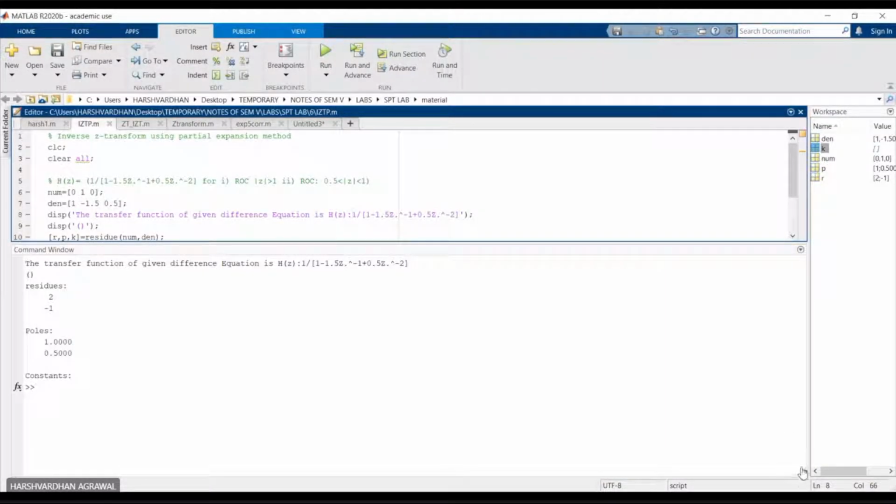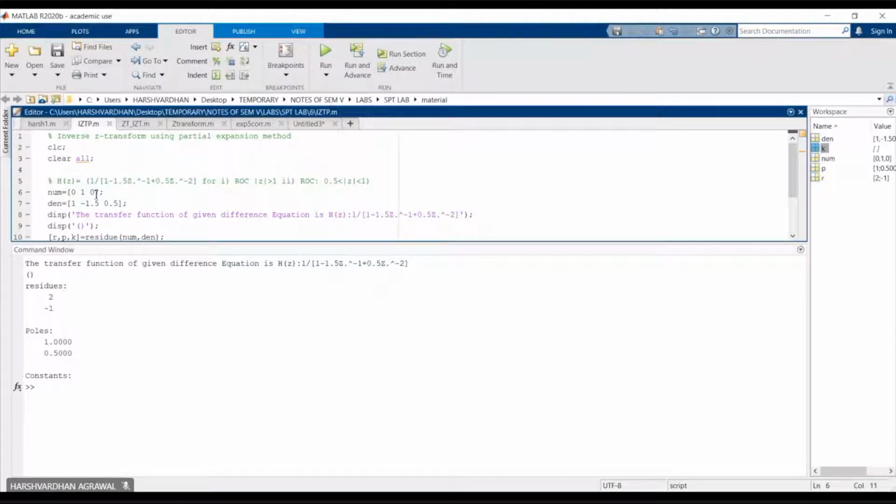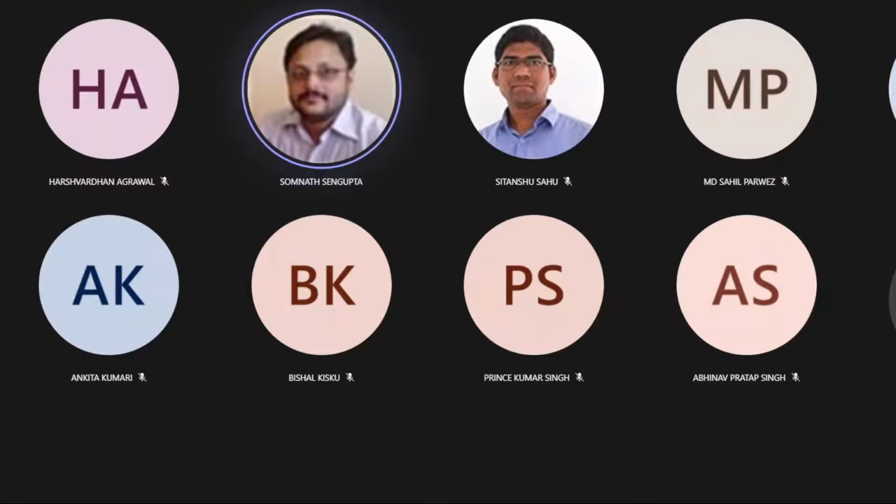Yes, sir. I'll do it. So earlier I have shown the example of how to write the numerator. So what was the previous example? Let me check. Okay, the previous example was z by z square, kind of thing.